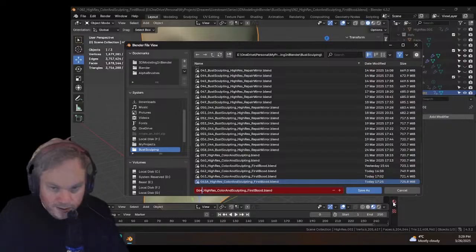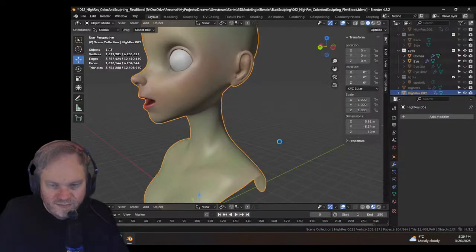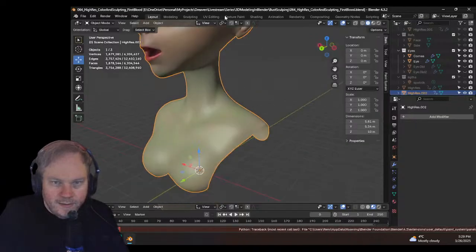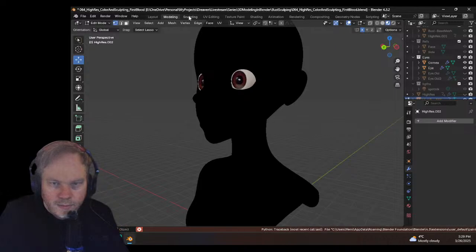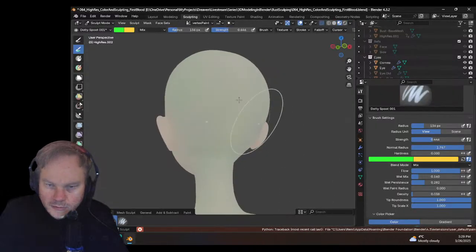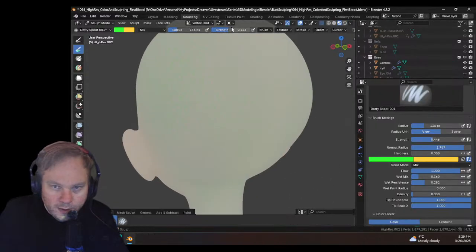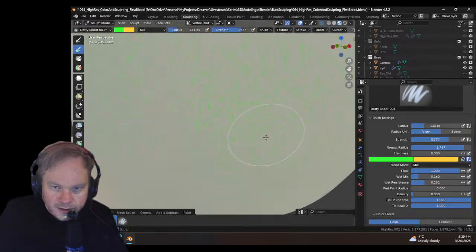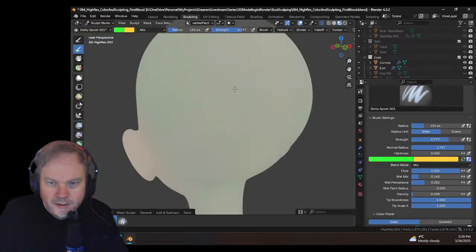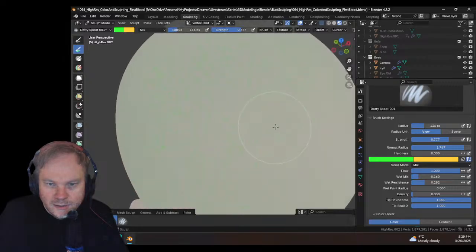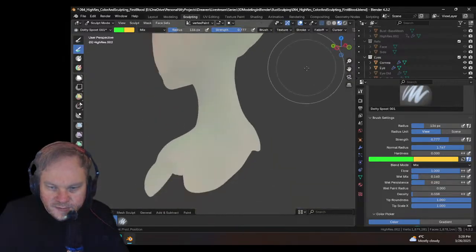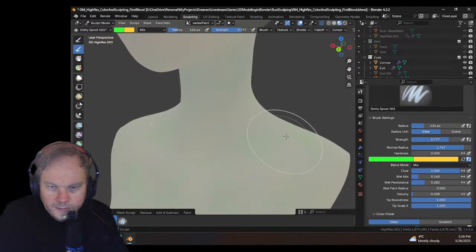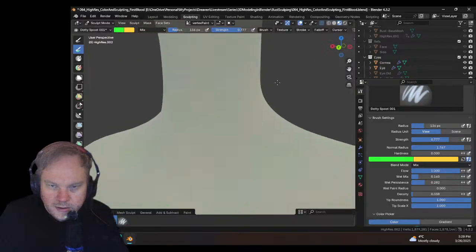Start. I put my green plus my brush is strong. Now what I was missing is these little dots. I noticed that is what it was missing. It's important. Little dots.